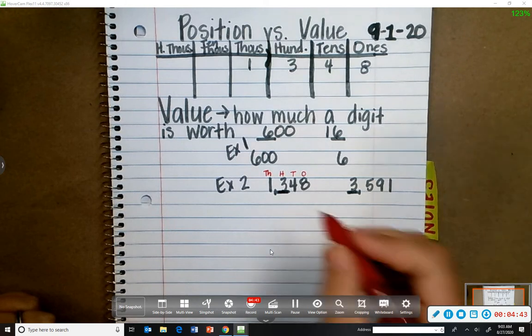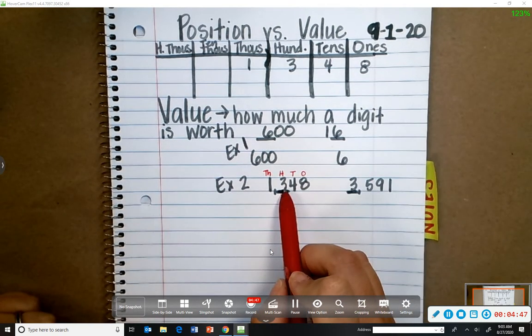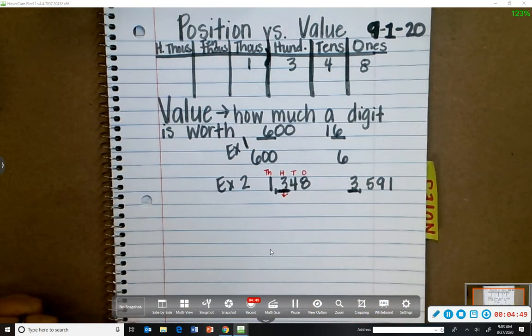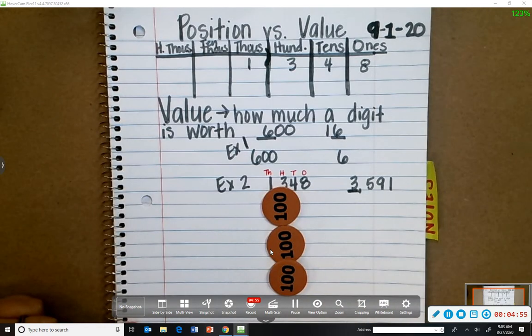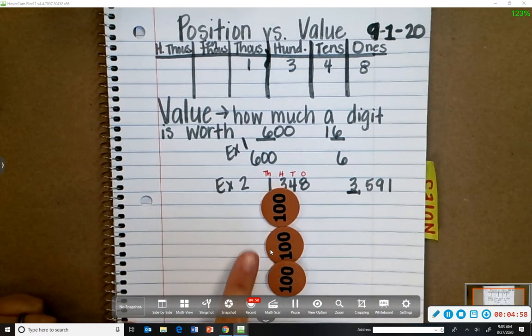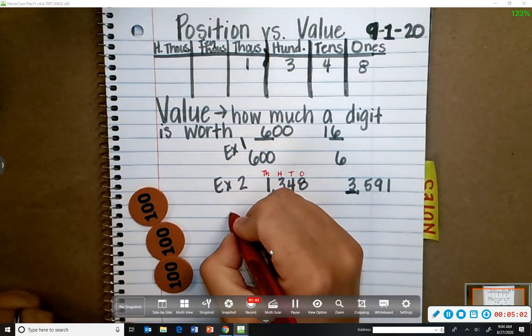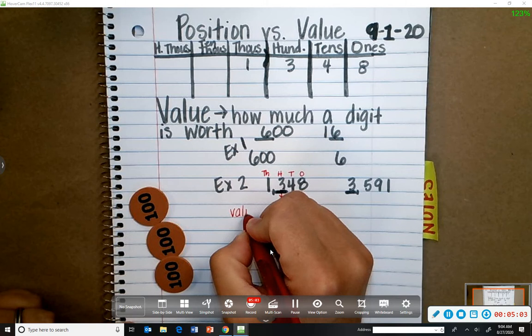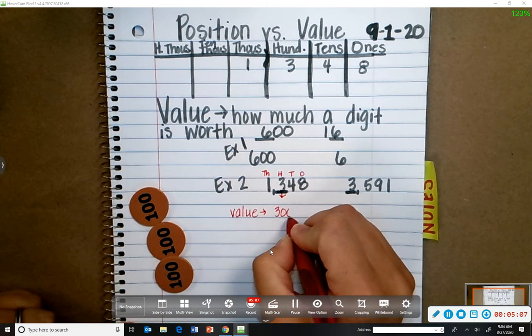Okay, so I want to know the value of the 3. Well, if it is in the hundreds place, and I have 3 of them, 1, 2, 3, 300s, that means it has a value of 300. So the value of the 3 would be 300 in this number.